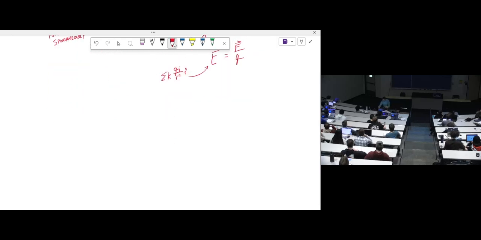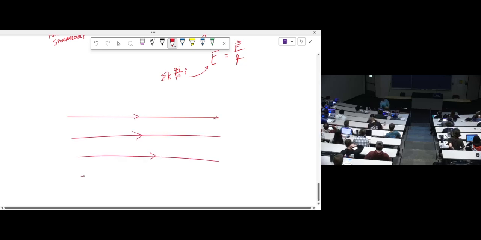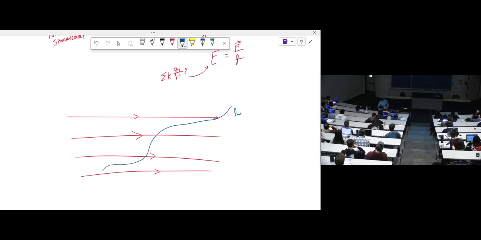But going to Andrew's question, let's say that my electric field looks something like this right here, but L looks something like this. So this is L right here.